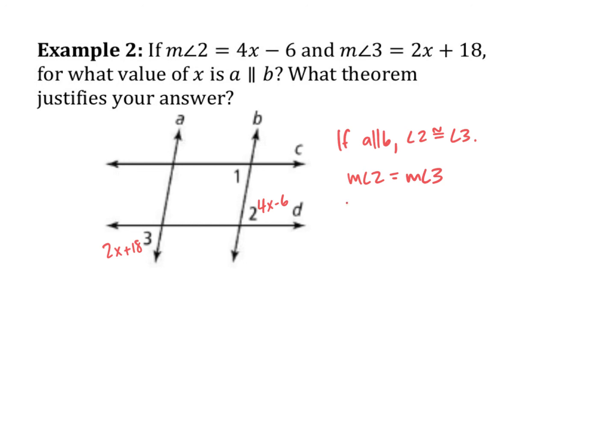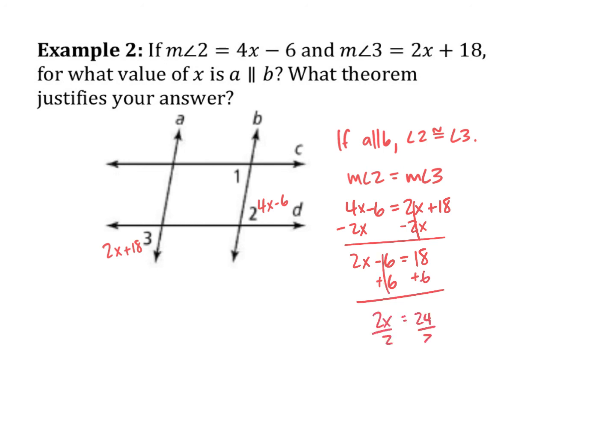So the 4x minus 6 needs to be equal to the 2x plus 18. Now I'll go into algebra mode. I'll subtract 2x from each side. Now I have 2x minus 6 equals 18. I'll add 6 to each side, so now I have 2x equals 24. I'll divide both sides by 2, and my x would have to be equal to 12.